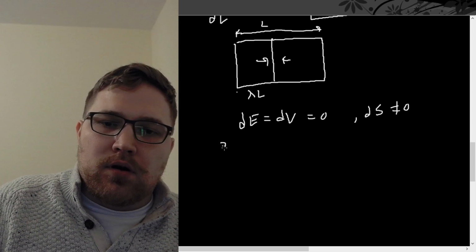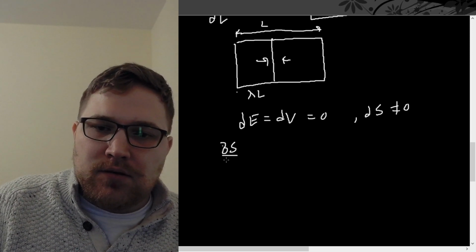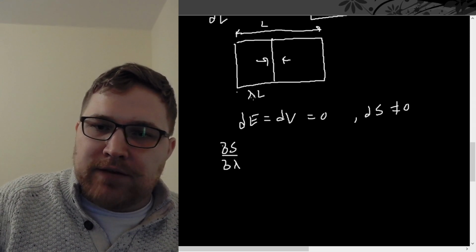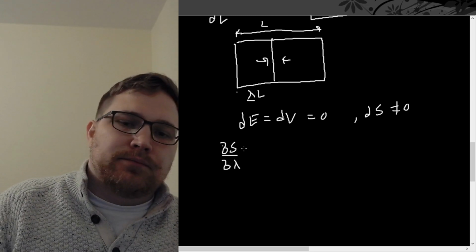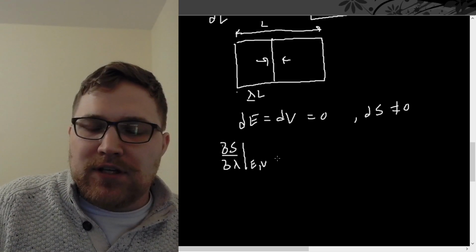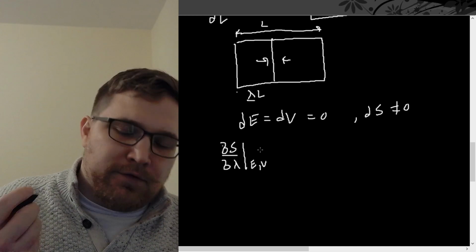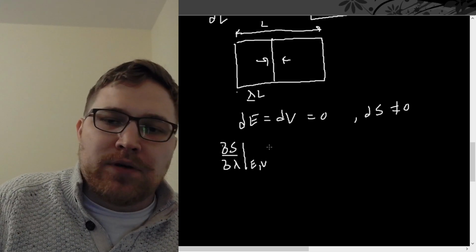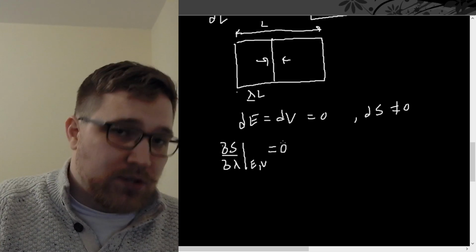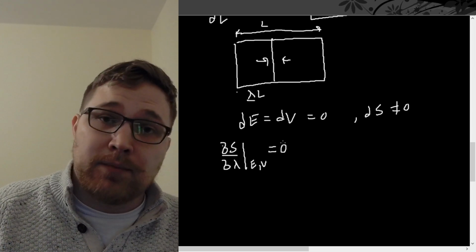So we get ∂S/∂λ, as I've called it here, holding E and V constant. For it to be a maximum, the first derivative would have to be 0. So we know we're at an extremum.